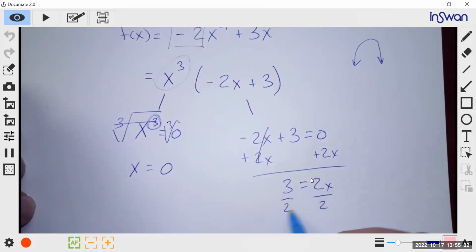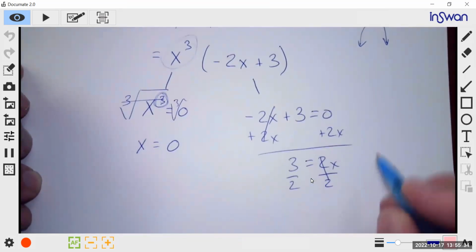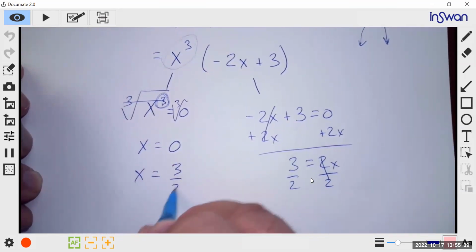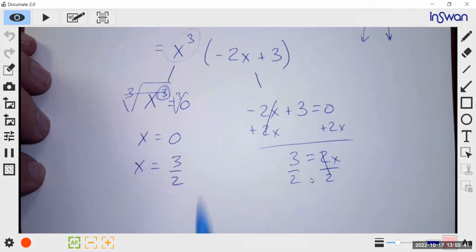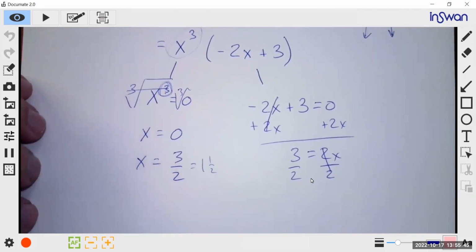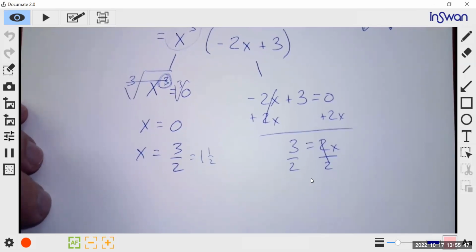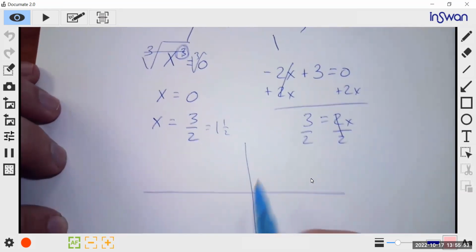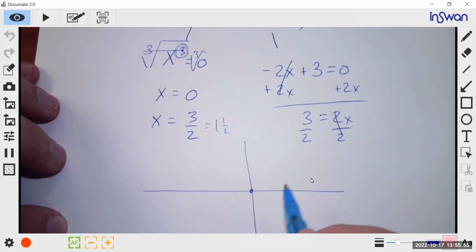And divide by 2. So x is equal to 0, and x is equal to 3 over 2, or 1 1/2. So we have a zero at 0 and 3 over 2.